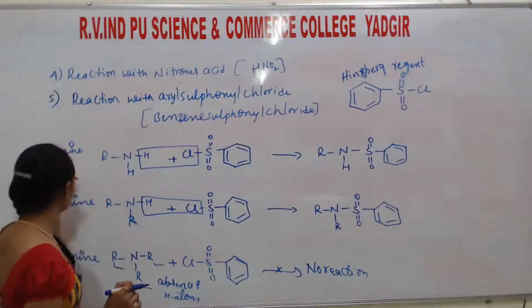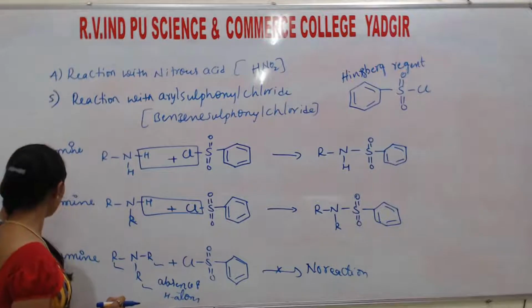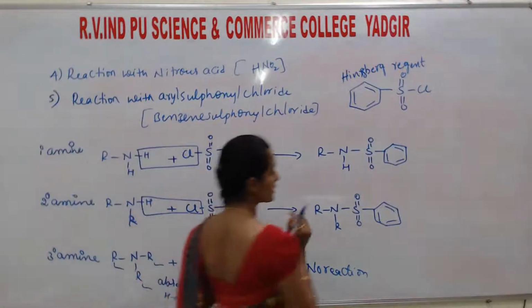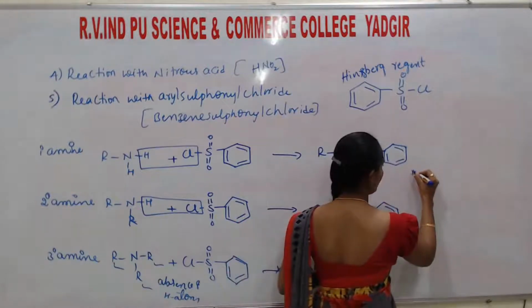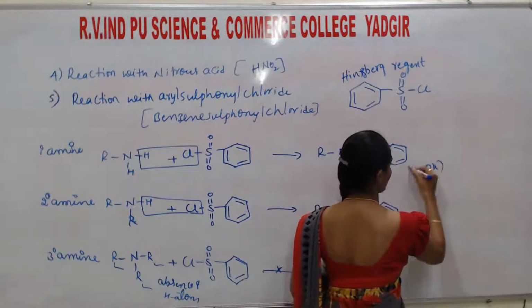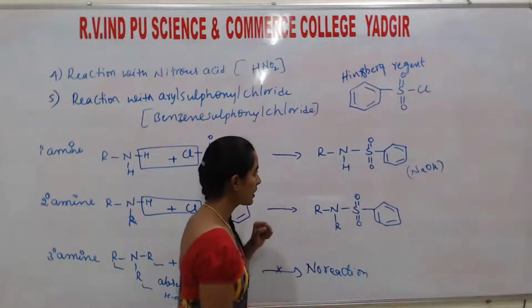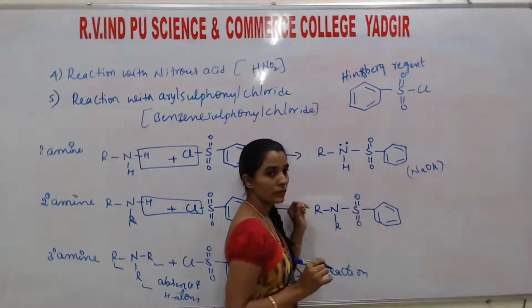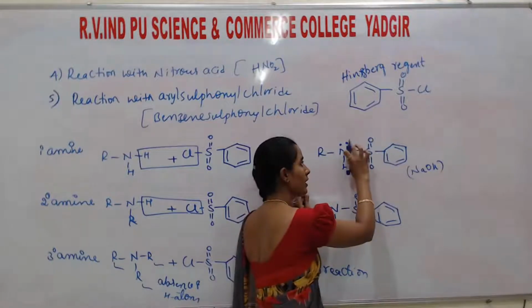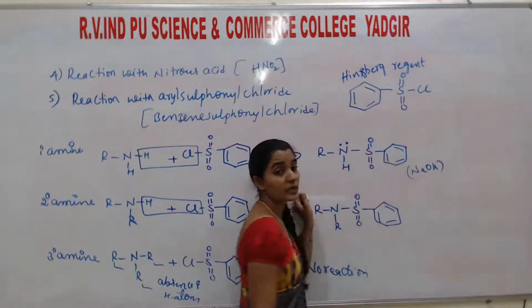So how do they distinguish primary, secondary, and tertiary? Listen, students. If this compound is dissolved in NaOH solution, alkali. Why? Because here lone pair of electrons are there. Here double bond is there. So these are involved in resonance.